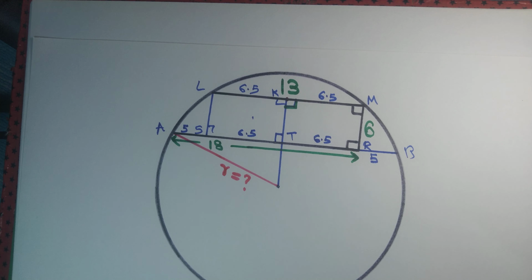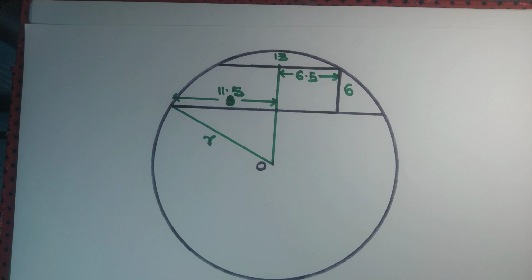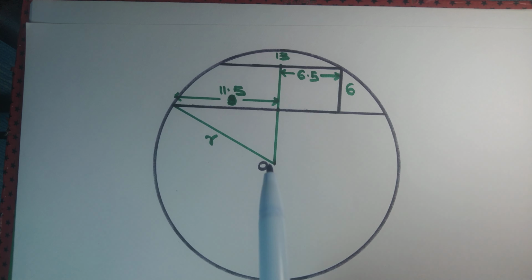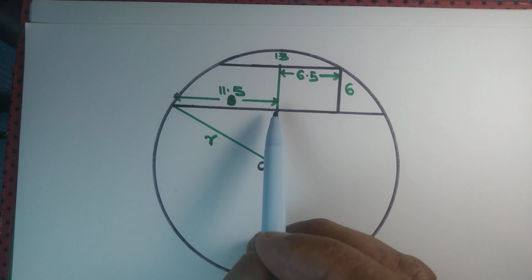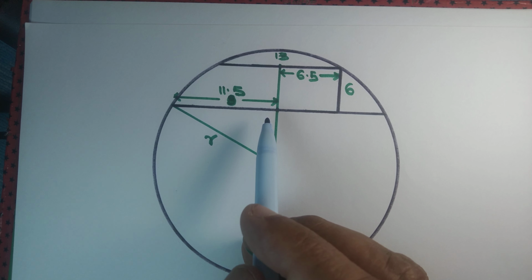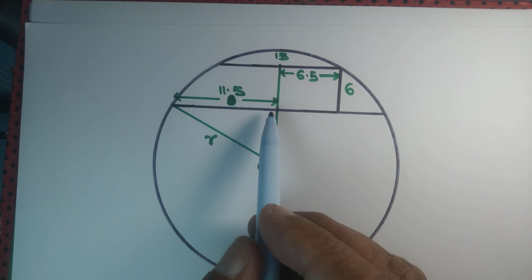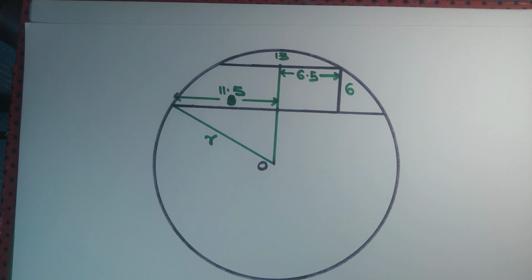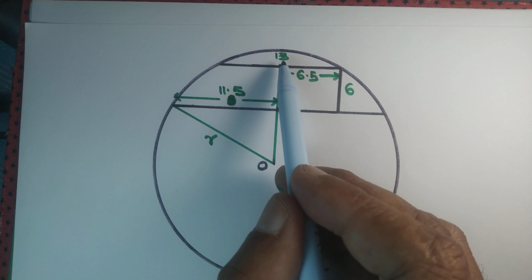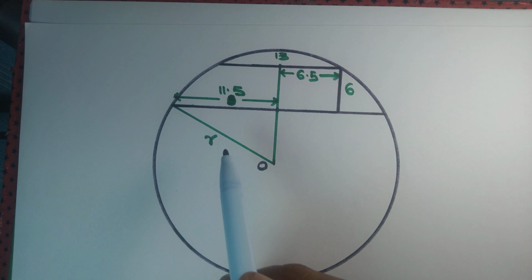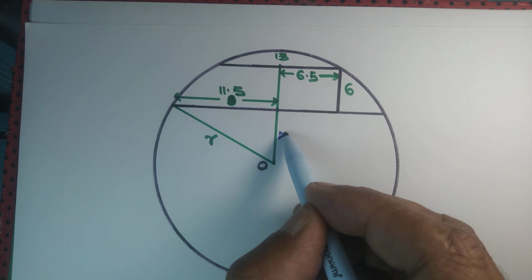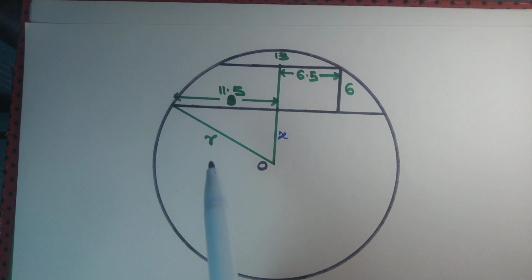Now, well done. Let's draw the figure once again. So we got the longer chord to be measuring 18 plus 5, that's 23, and half of 23 is 11.5 units, and half of 13 is 6.5 units. R is the radius of the circle. If I know this value, let's say x, then I know the radius of the circle. We can apply the Pythagoras theorem.